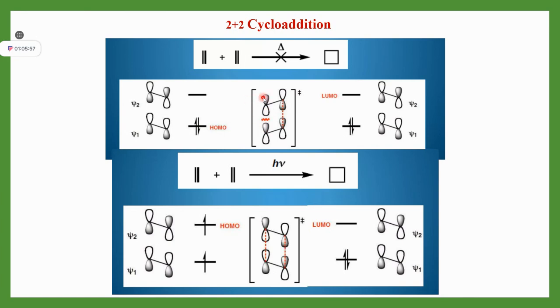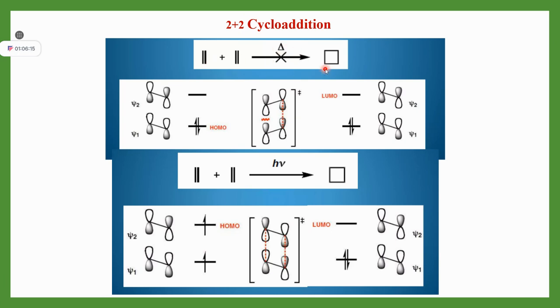You have to collide antarafacially this lobe to have constructive overlap. Therefore, 2 plus 2 cycloaddition of two olefins, remember, two olefins, is not possible under heating or thermal condition.